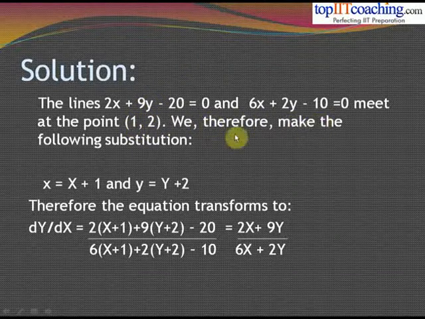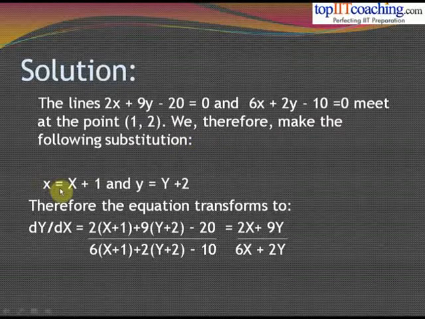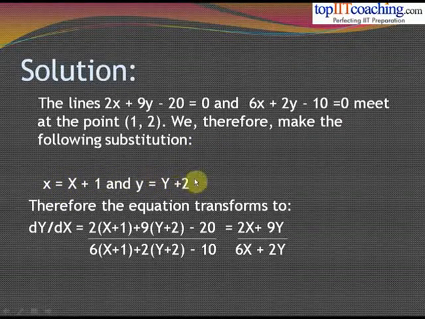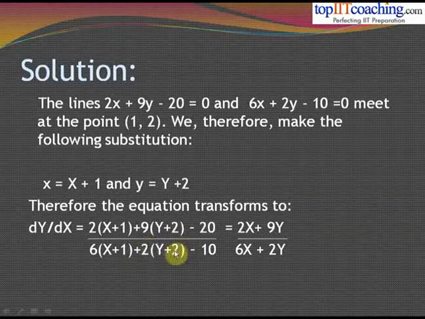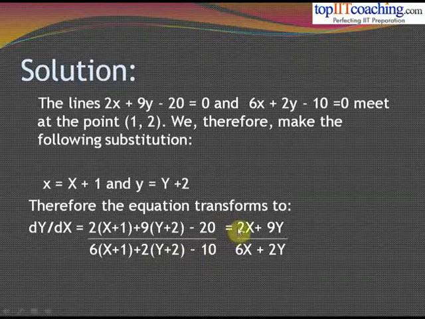We therefore make the following substitution: small x equal to capital X plus 1 and y equal to capital Y plus 2. So the equation transforms to d of capital Y by d of capital X equal to 2 times capital X plus 1 plus 9 times capital Y plus 2 minus 20 divided by 6 times capital X plus 1 plus 2 times capital Y plus 2 minus 10. So this would be equal to 2X plus 9Y divided by 6X plus 2Y.